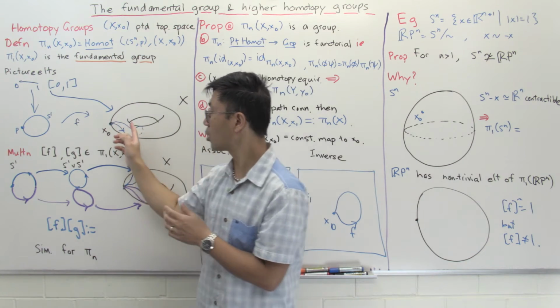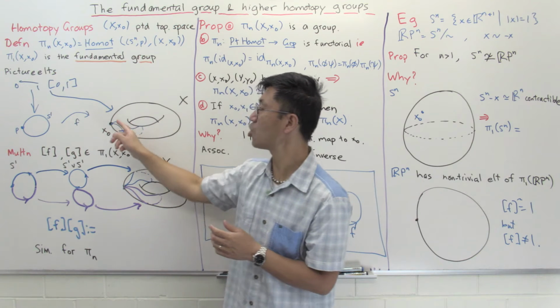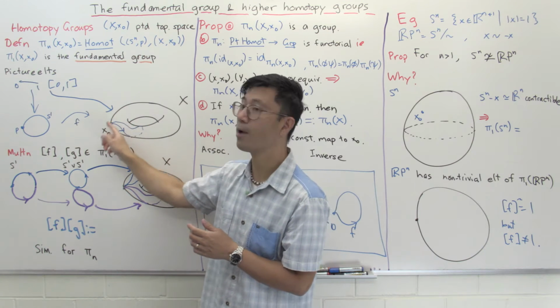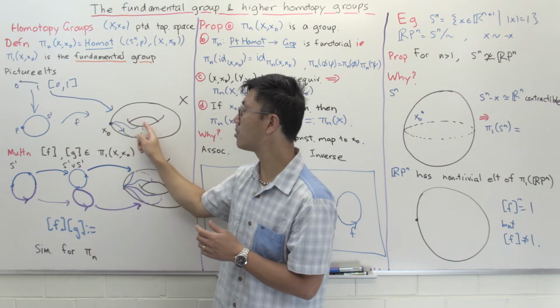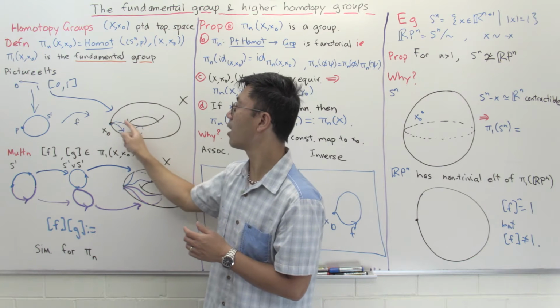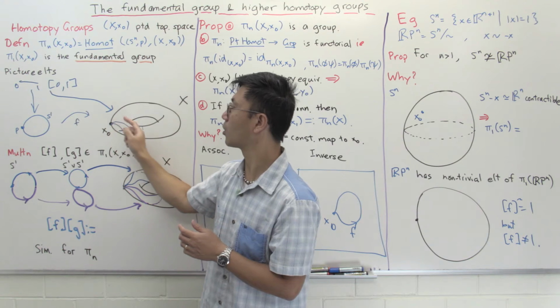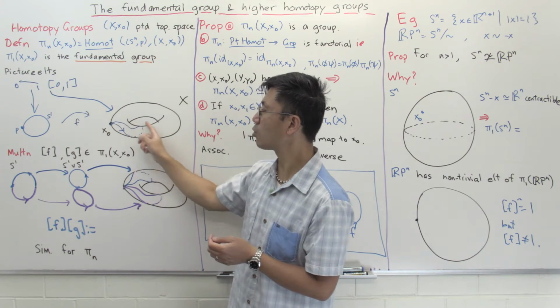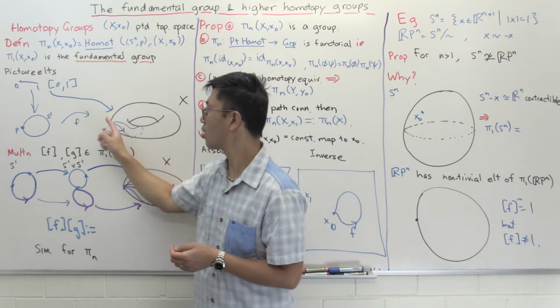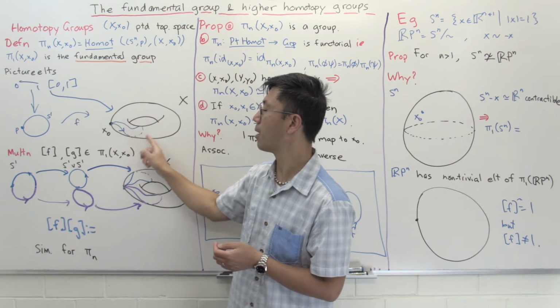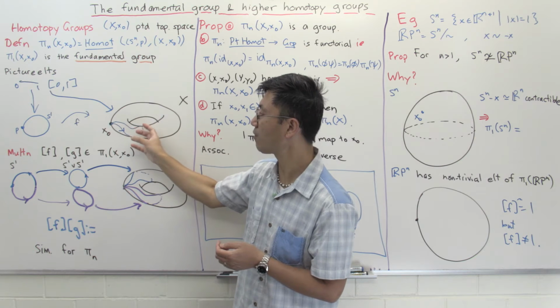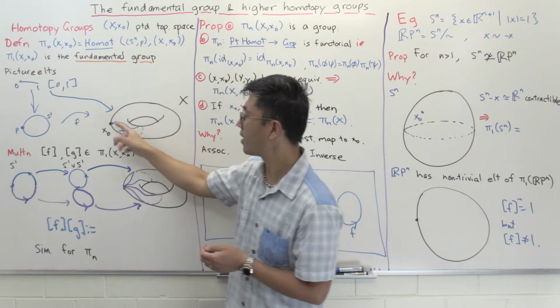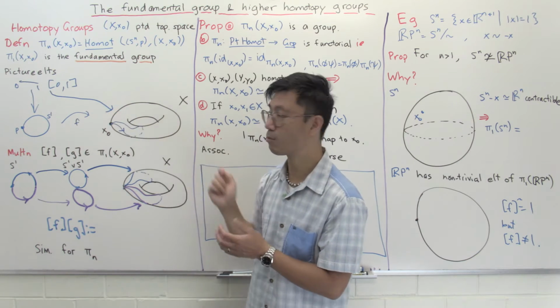So one of the ways that you can deform this map is you can change the speed at which you travel around it. Instead of going around at uniform speed, you can go around faster and then a bit slower, because the total time taken should be 1. So it's good to think of this as the image of this loop, up to sliding this around.